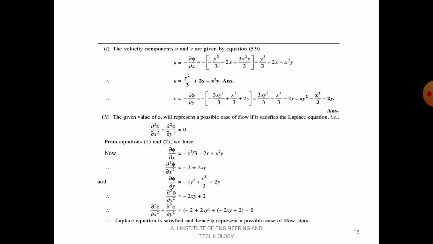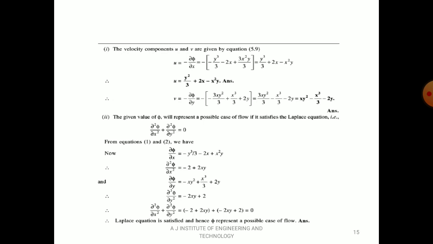Differentiating again with respect to y, dou square phi divided by dou y square is equal to minus 2xy plus 2. Therefore, dou square phi divided by dou x square plus dou square phi divided by dou y square, just substituting the values, is equal to minus 2 plus 2xy plus minus 2xy plus 2, that is equal to 0.